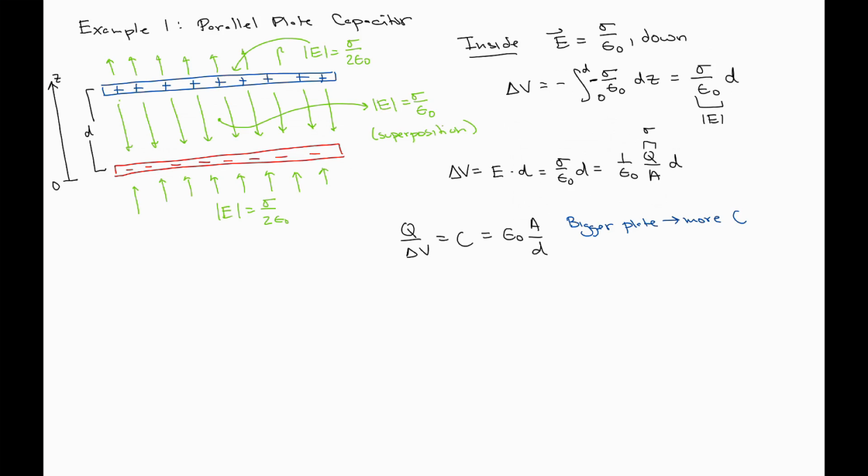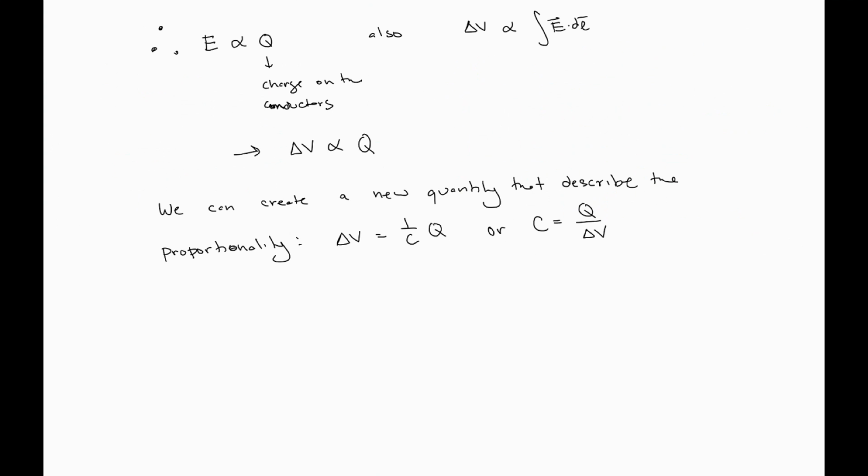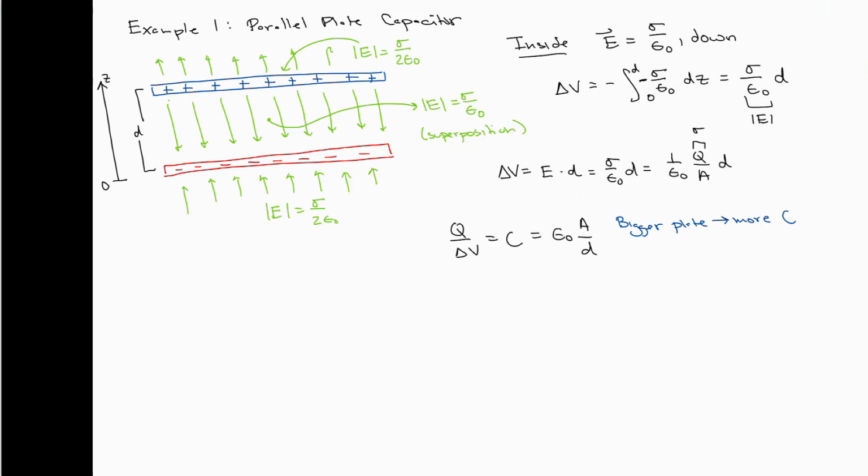What does it mean to have more capacitance? It means for the same amount of charge, I'm getting a smaller change in the potential. So if the plates are bigger and I don't put more charge on them, I'm going to get a smaller difference in potential between the plates.